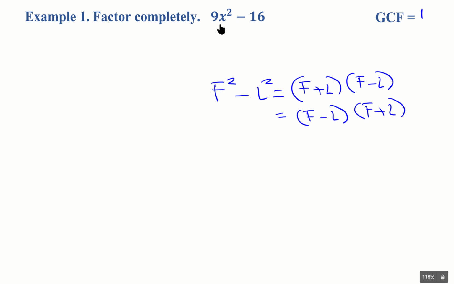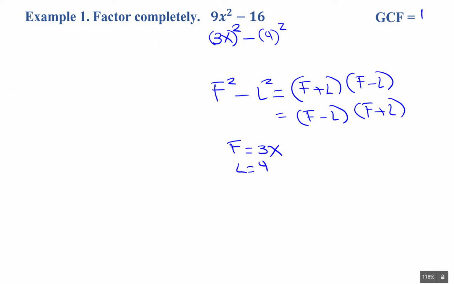It's helpful to see what this first expression is a perfect square of. And of course, that would be 3x, and the second term here, 16, is a perfect square of 4. So now we can see the role of f is being played here by 3x, and the role of l is being played by 4.